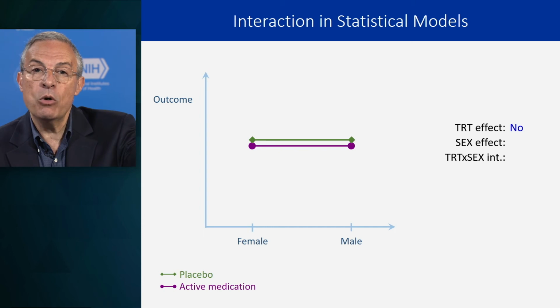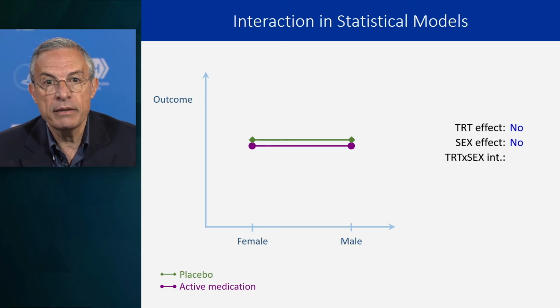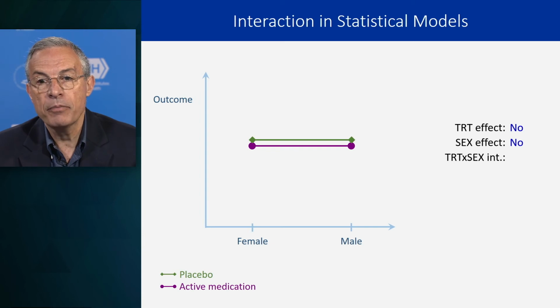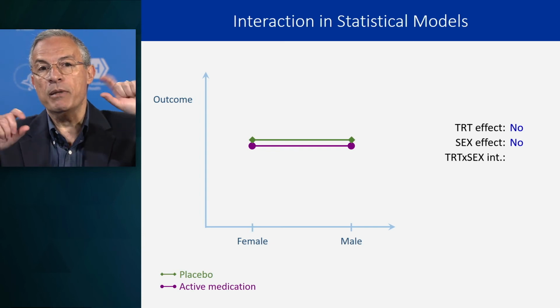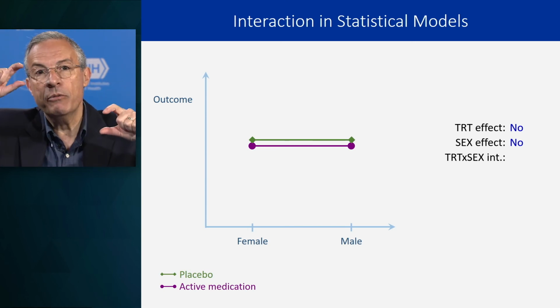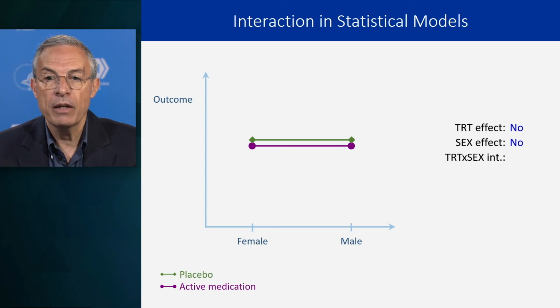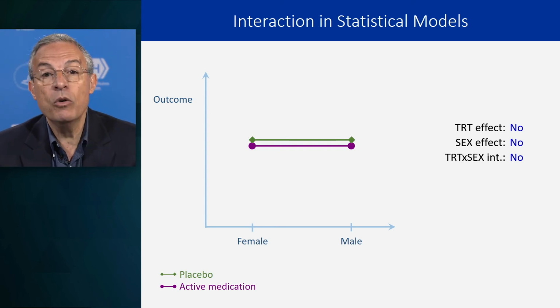Do females smoke more or less than males? And the answer is no. Looks like they smoke about the same. Is there a treatment by sex interaction? Is the difference between placebo and medication for females different from the difference between placebo and medication for males? And the answer is no, it's the same distance. So that's 1 out of 8.